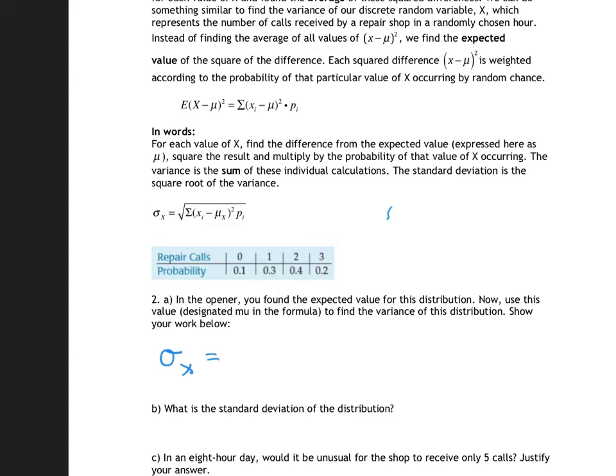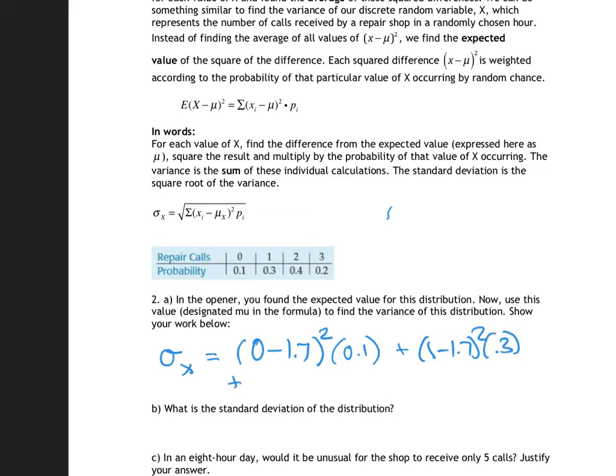It's going to be just like we did with standard deviation back in the first semester. You take the difference between your data point, the first data point is 0, and the mean, which we just found to be 1.7. You square that, but instead of doing that for every point and just adding it together, you want to weight it, because each one has a different probability, so you multiply this by 0.1. Then you do the same for one call, minus the mean, squared, times that probability.